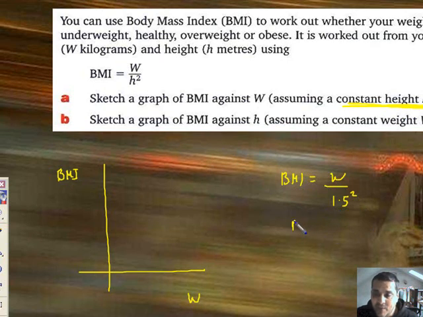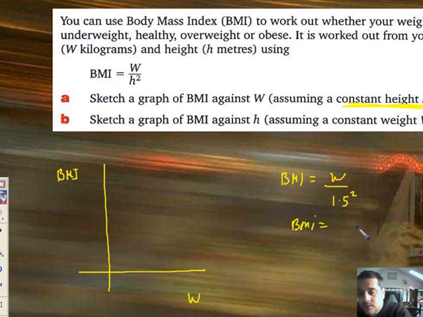So my BMI is going to be the weight times the reciprocal of 1.5 squared. If I work this out, it's actually 0.4 recurring W.